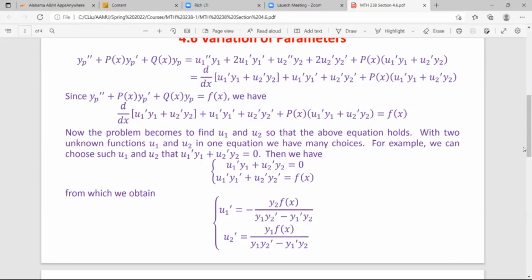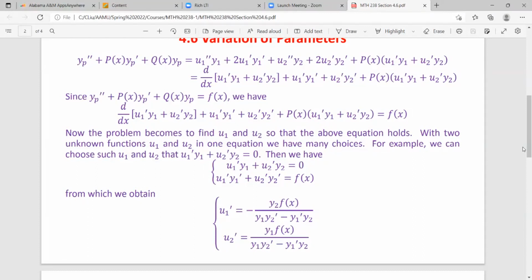So we have some freedom to choose what u1 and u2 will be. You have one equation with two functions to solve. Just like you try to solve an equation with two variables, but you only have one equation, so you have some freedom to choose for the solution. There will be infinitely many solutions, actually. All right.